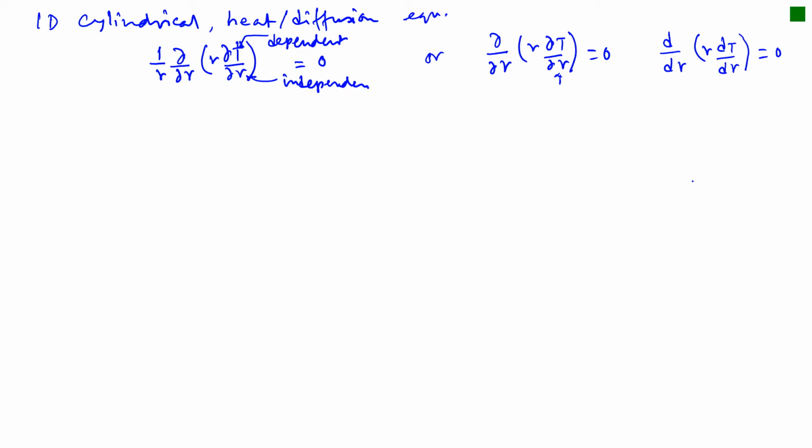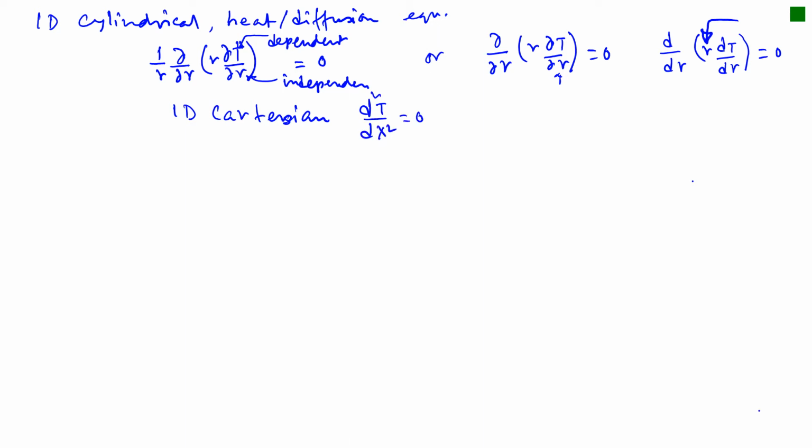Now, because of this r inside, this equation in cylindrical coordinates is obviously not the same as the 1D Cartesian equation, which is d squared T/dx squared equals 0.